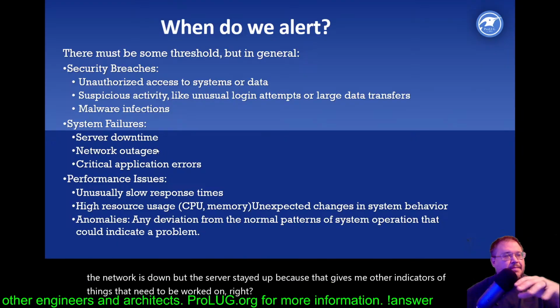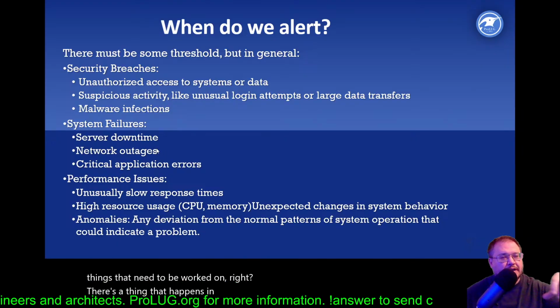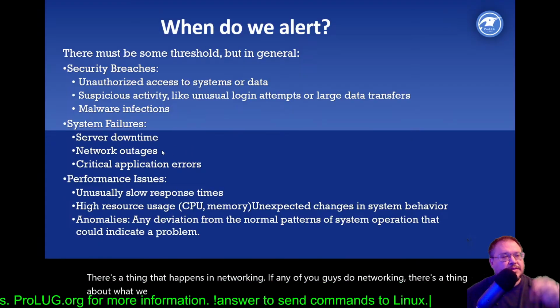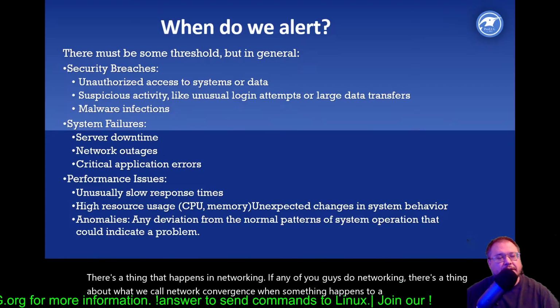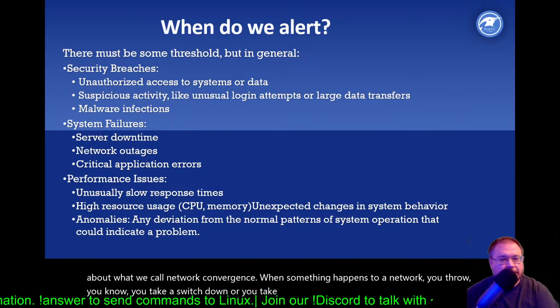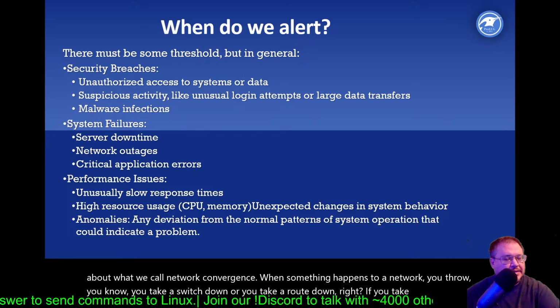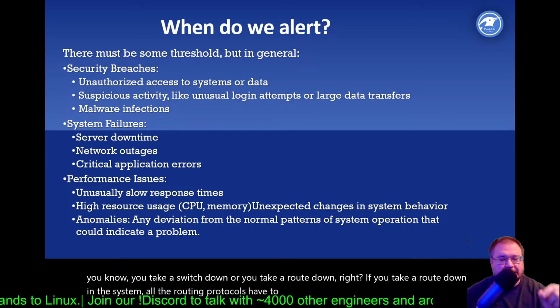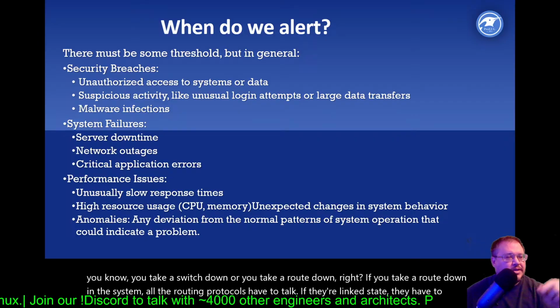There's a thing that happens in networking. If any of you do networking, there's a thing we call network convergence. When something happens to a network, you take a switch down, or you take a route down, right? If you take a route down, all the routing protocols have to talk, if they're link state, about what changed.